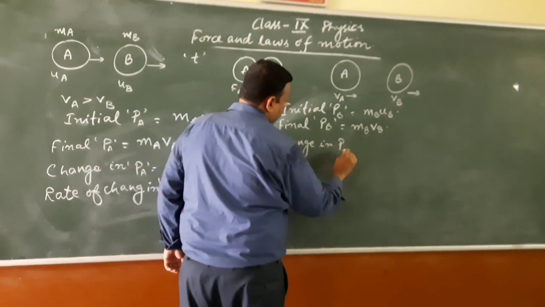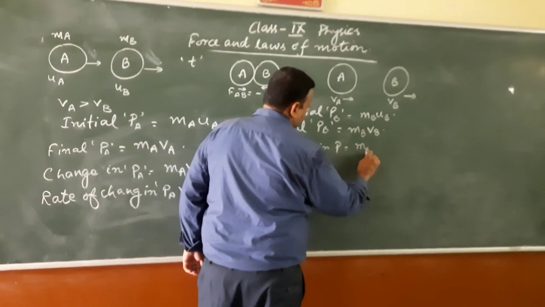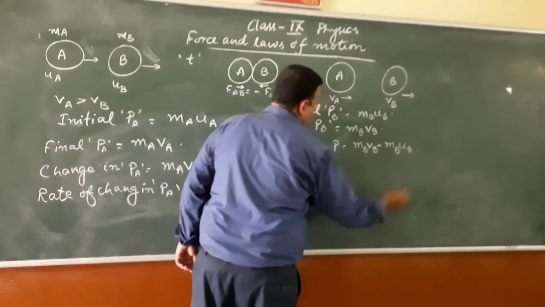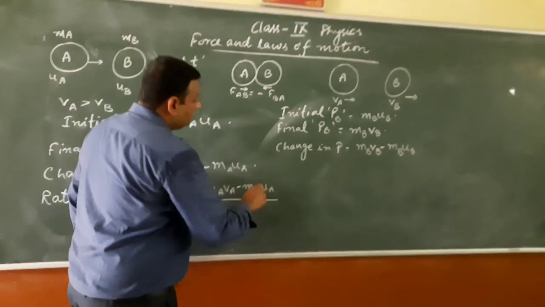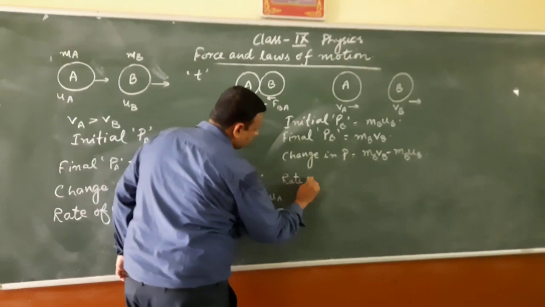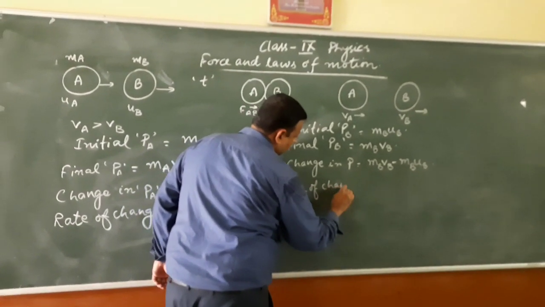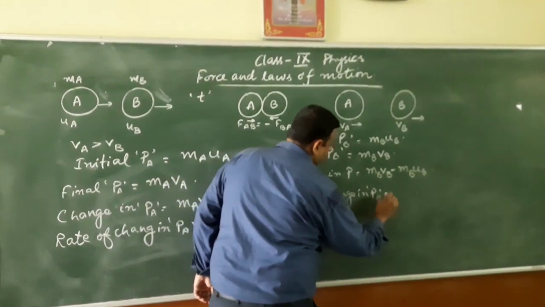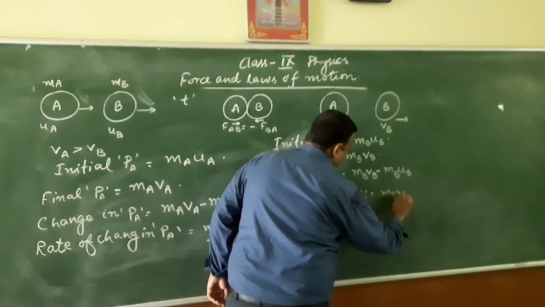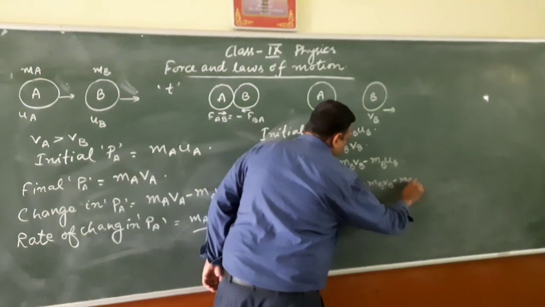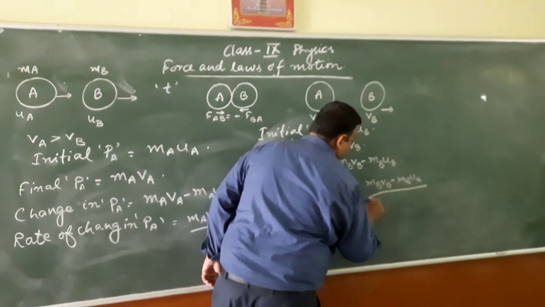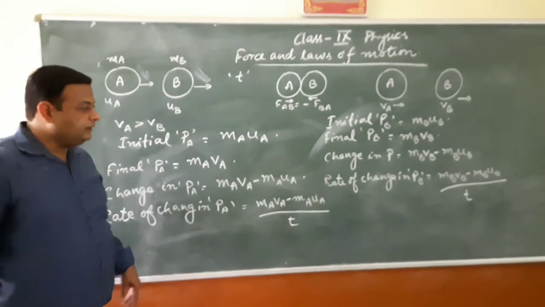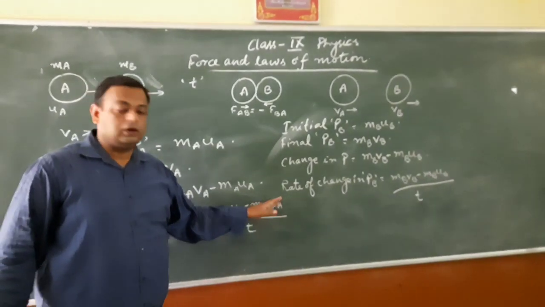Change in momentum is equal to MB VB minus MB UB. Now rate of change in momentum of ball B is equal to MB VB minus MB UB upon T. So this would be the rate of change in momentum of ball A, and this would be the rate of change of momentum of ball B.